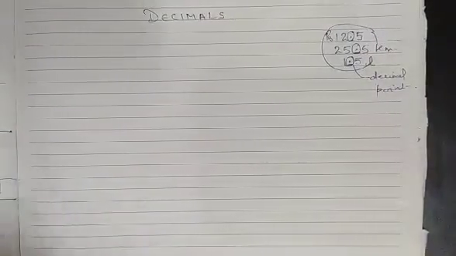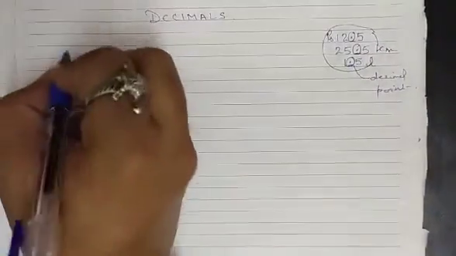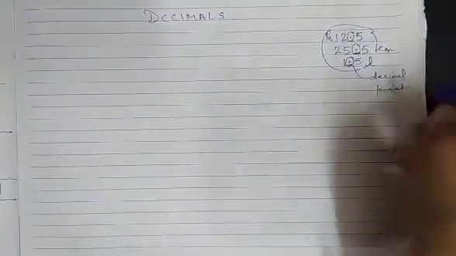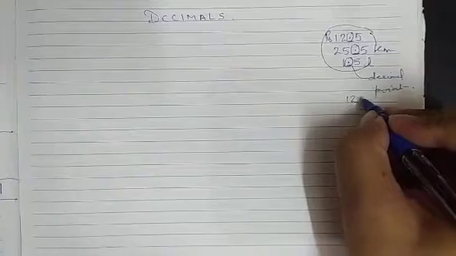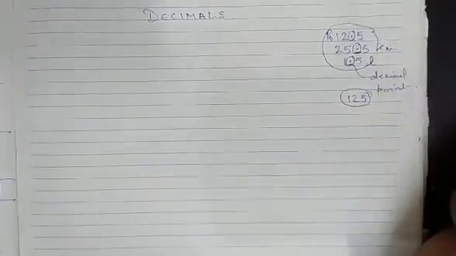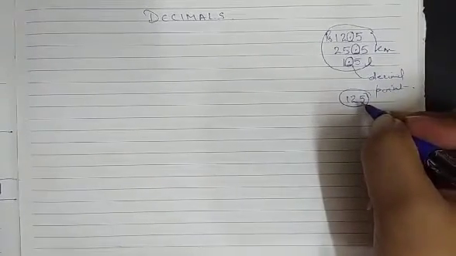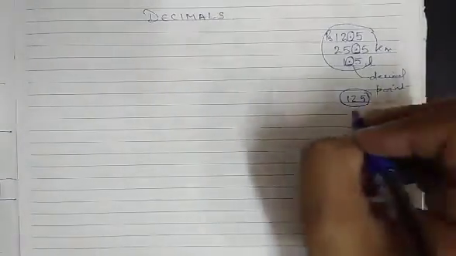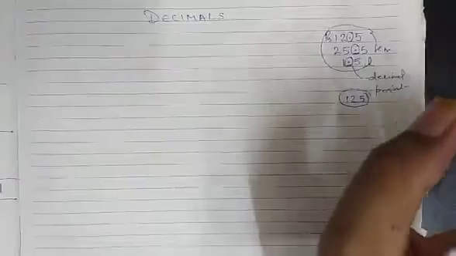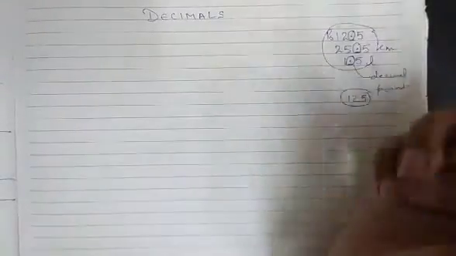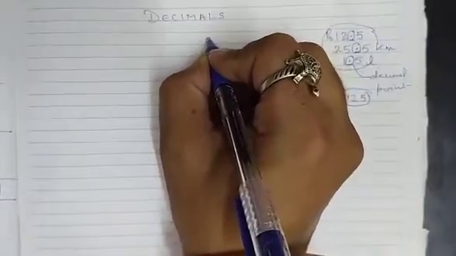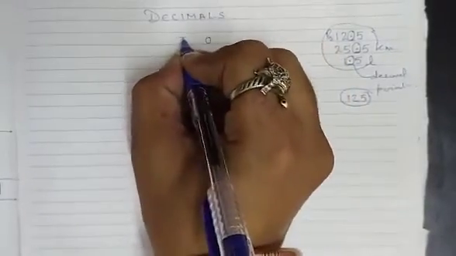As we all know, each number has its place value. For example, if I had written 125, each of the digits has its own place value. What was that place value? See, it was ones, tens.